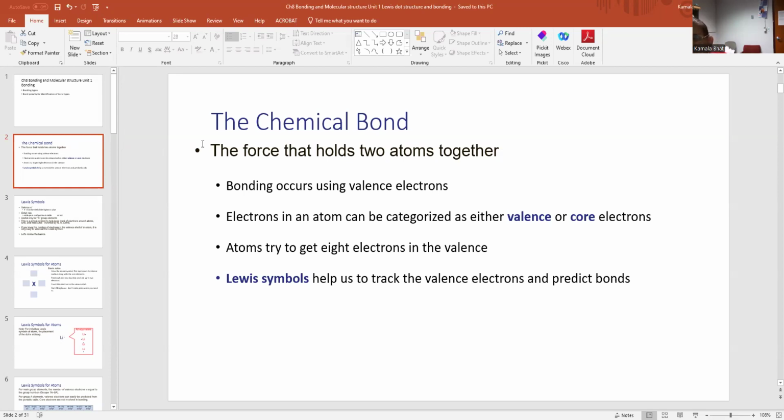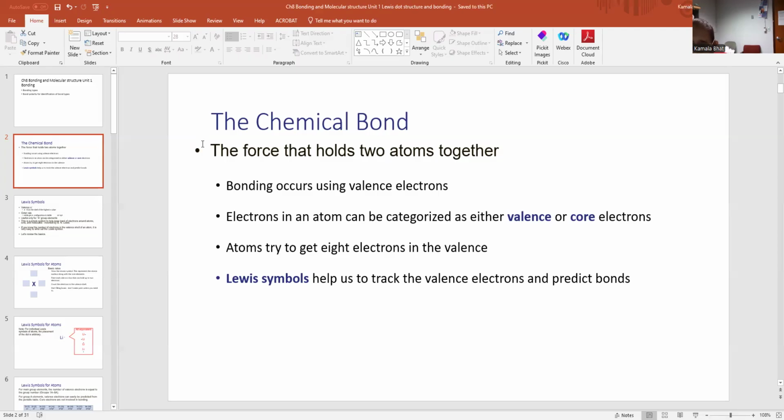Electrons in an atom generally can be categorized as either valence or core electrons. Core electrons are the inner electrons that provide the shielding from the nucleus and do not take part in any chemical reactions. It's the outermost electrons that are involved in bonding.